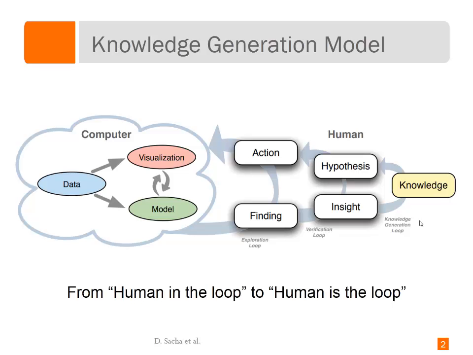From there, we go through what's known as the exploration loop, where there's a process of finding and then action. Then we go through the verification loop, where there's identification of insights, testing of hypothesis, and then finally the knowledge generation loop.